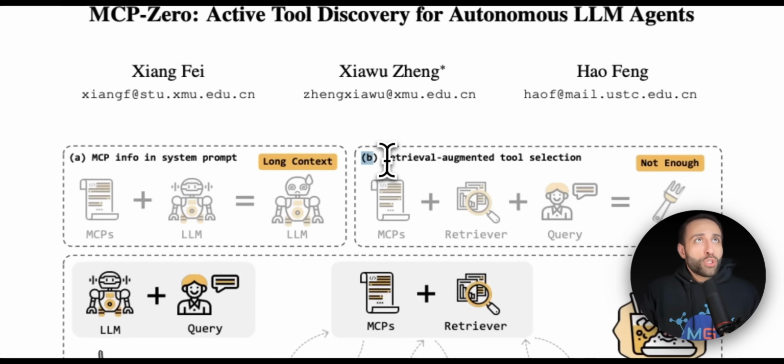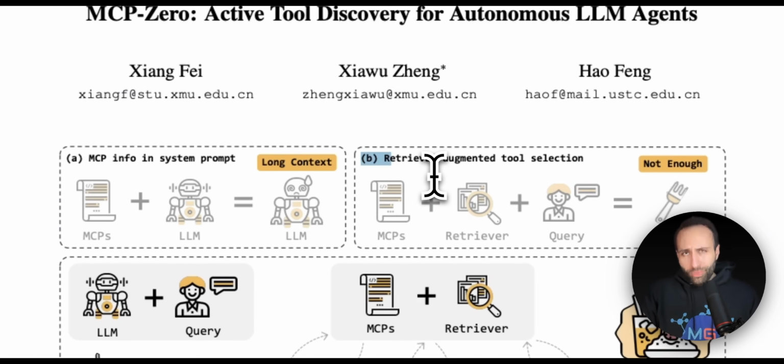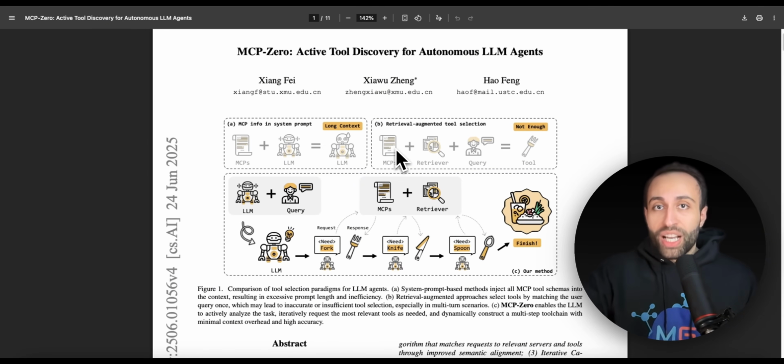Now, approach B, which we also call old, is that we do retrieval augmented generation to choose a tool. There are a couple of papers where, based on the query that you ask the AI agent, they convert your query to a word embedding, and they do a similarity search to see if your query is close to a tool name or tool description, and based on that they choose that tool and bring it to the AI agent to provide the service.